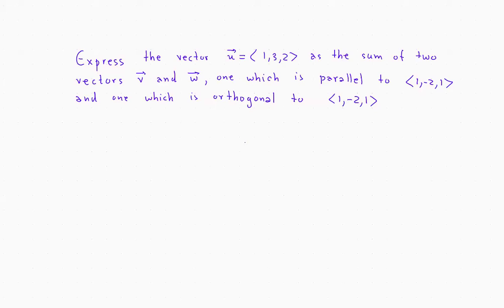So let's see what this problem is asking us for. It wants us to express the vector 1, 3, 2 as the sum of two vectors, v and w.